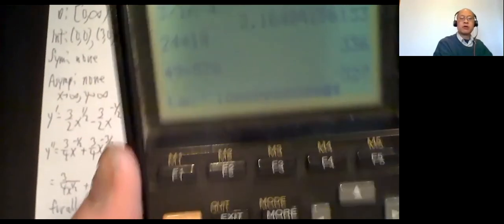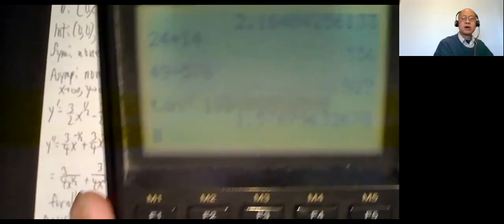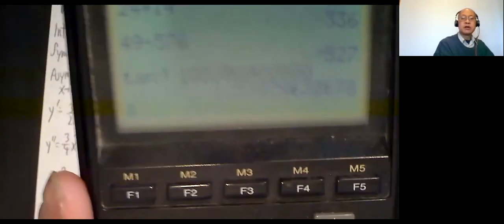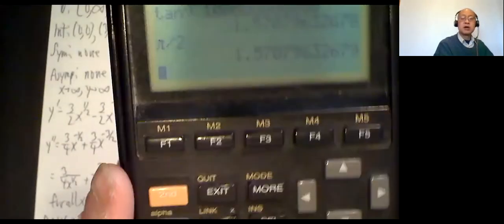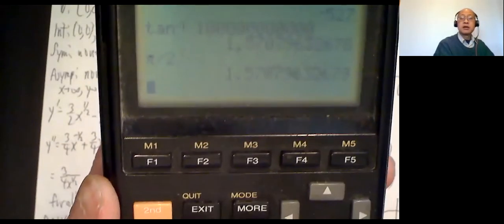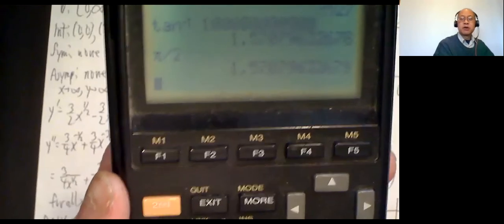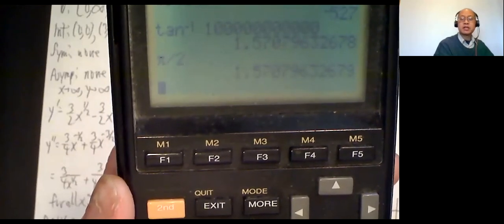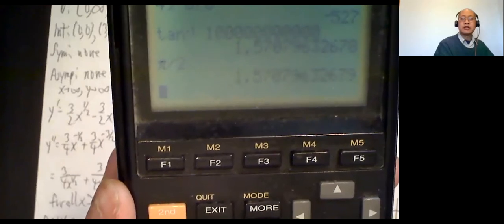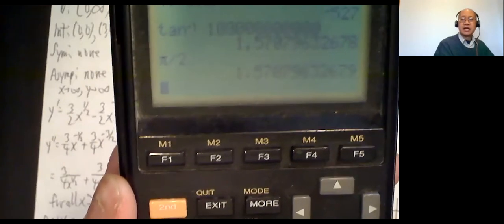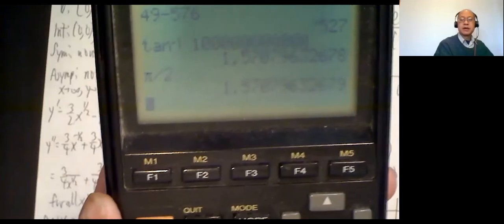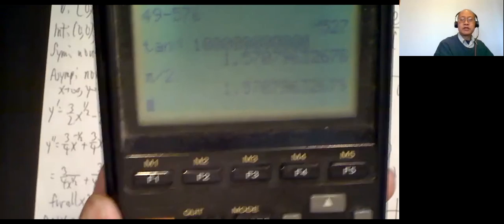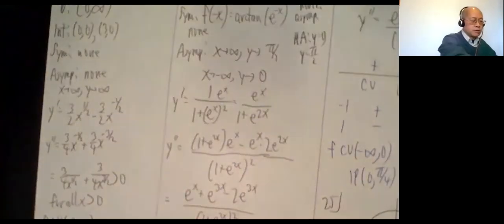I get 1.57079632678 for inverse tangent of that super big number. Pi over 2 has a 9, but I bet if I put some more zeros, it would get closer and closer. So yes, inverse tangent of a super big number is very close to pi over 2. Those are my asymptotes.